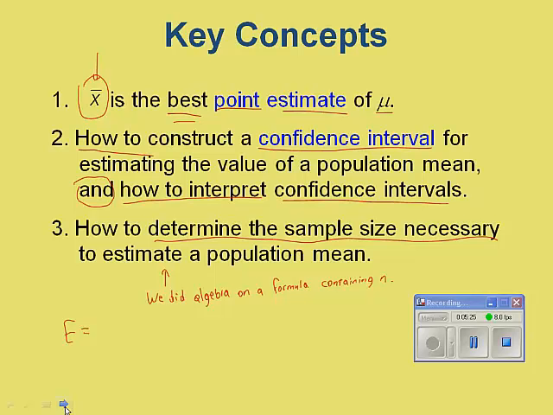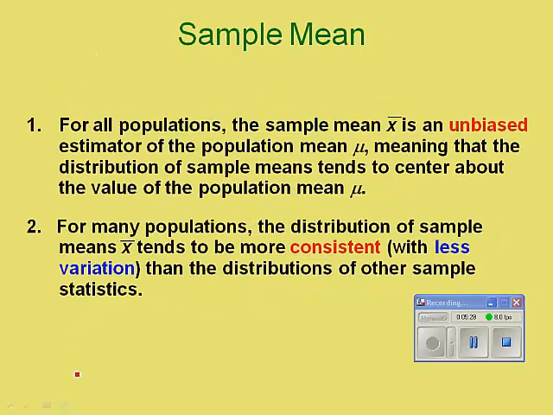Okay. Now, sample means. Here are two big statistics words: unbiased and consistent. Don't write all this down. If you want to write any notes from this slide, write down X bar is unbiased.